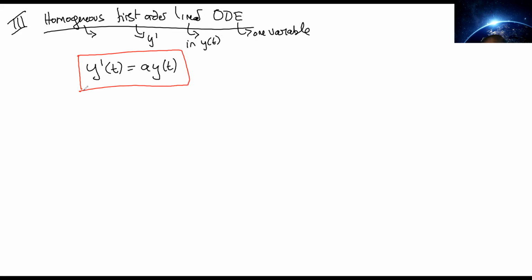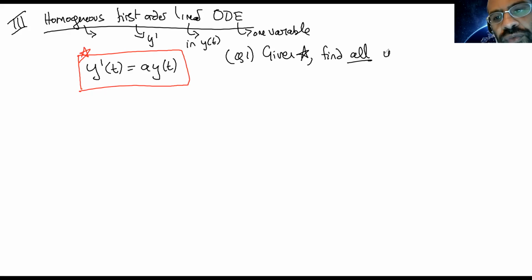And there are two questions I can ask here. So question 1, given such a differential equation, so let's call this equation star, find all functions y of t solving it. Yes, somebody raise their hand, please.